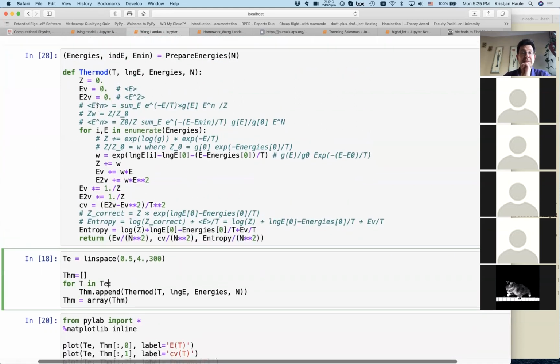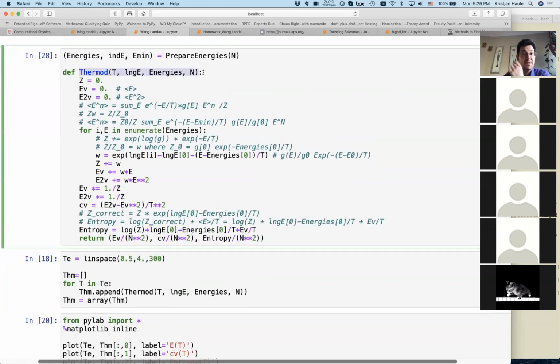One important thing here is that before we do this thermodynamics, we should obtain energies. So when we add energies here, we need to have energies for this particular model with this particular n. n in this case, I think, is 20. So whenever we change n, we need to make sure that we recompute energies for this particular model.